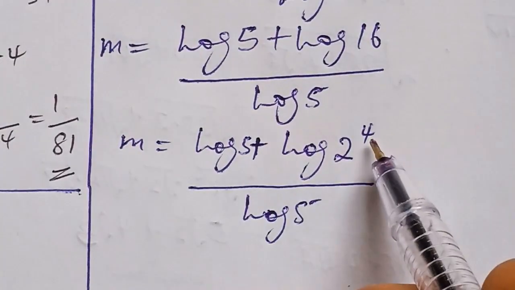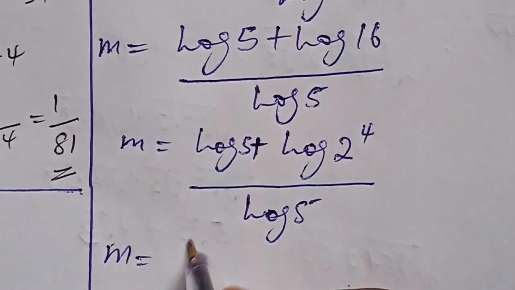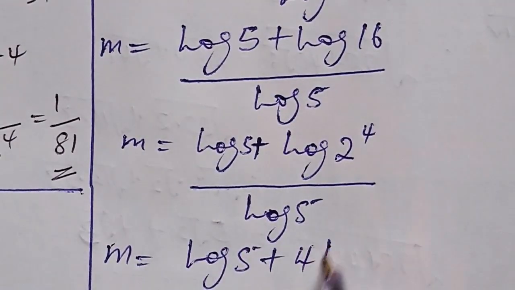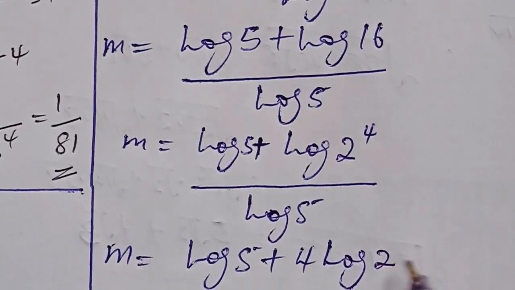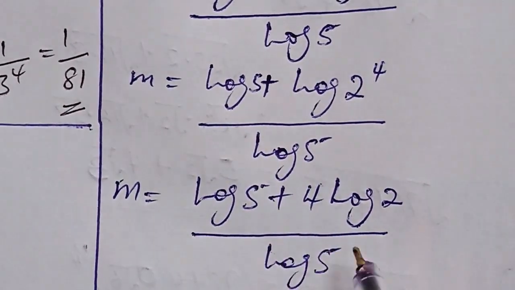And we can bring this 4 down to the base, and our m becomes log 5 plus 4 log 2, everything over log 5.